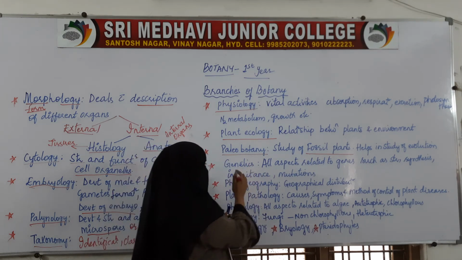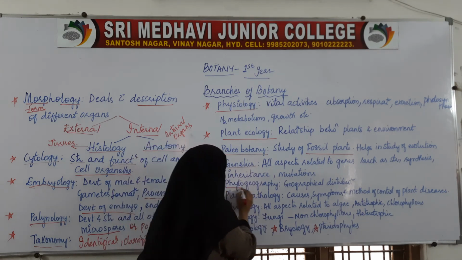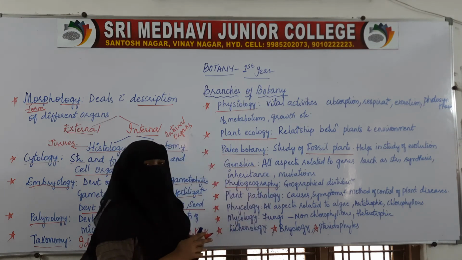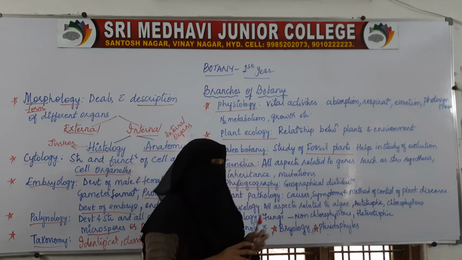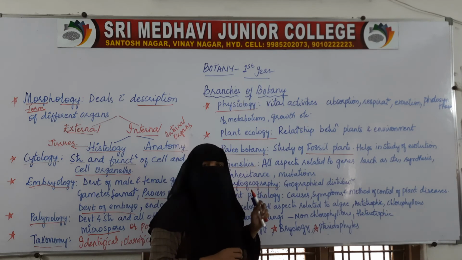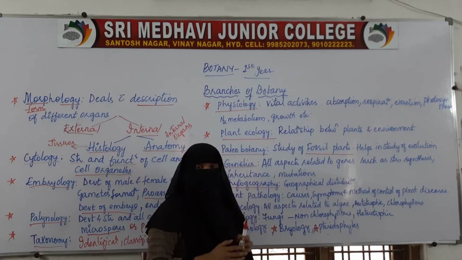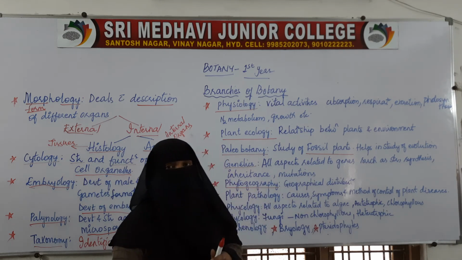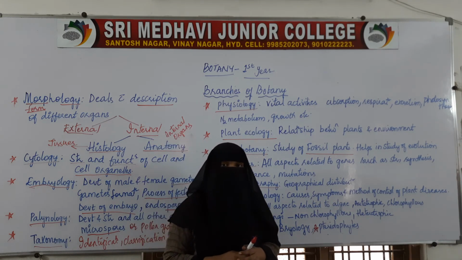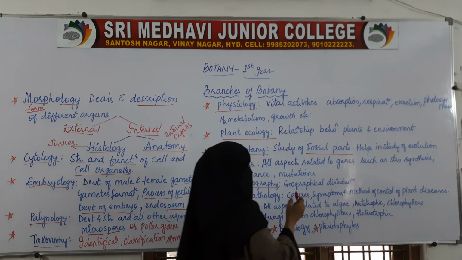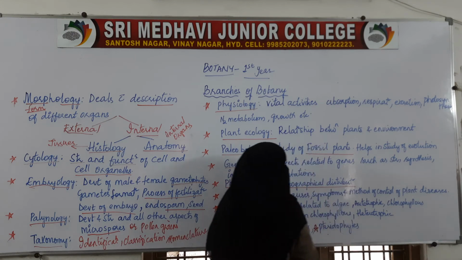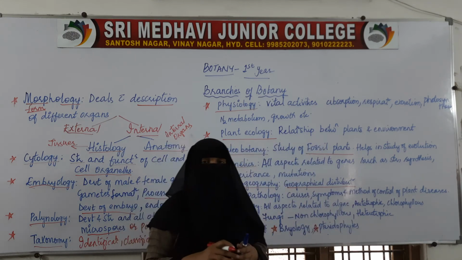Genetics. Next, we have phytogeography. Phyto means plants. So, it is the distribution of plants. It is the branch of botany which deals with the study of the geographical distribution of plants, where the different plants are present.